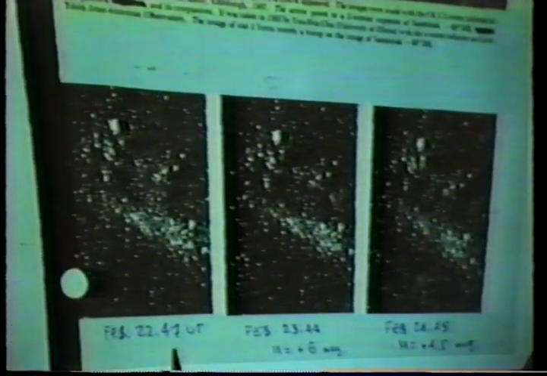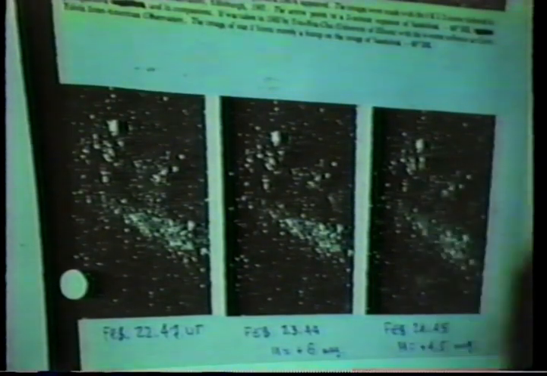And so what you see here is a picture that was actually taken at the University of Illinois in 1983 of the Large Magellanic Cloud. And you don't see very much over here. There's a star in there. However, shortly after, on February 24th or so, this star got very, very bright. These are successive days. Astronomers have a very funny way of labeling things.